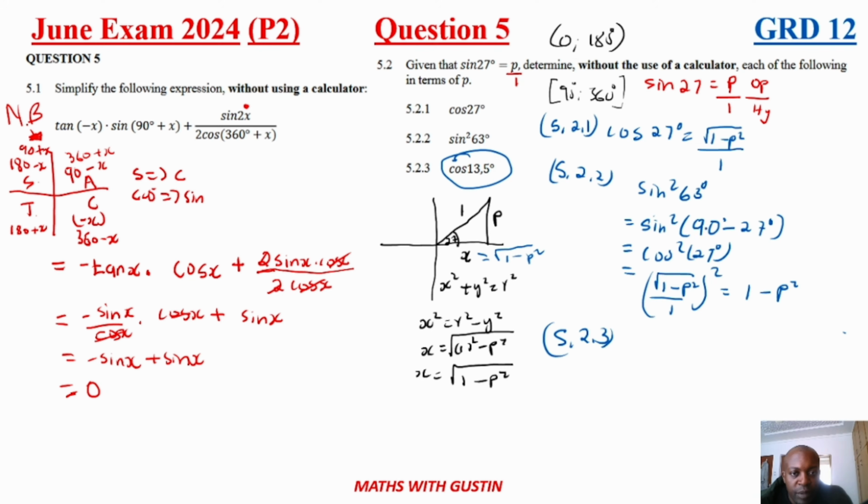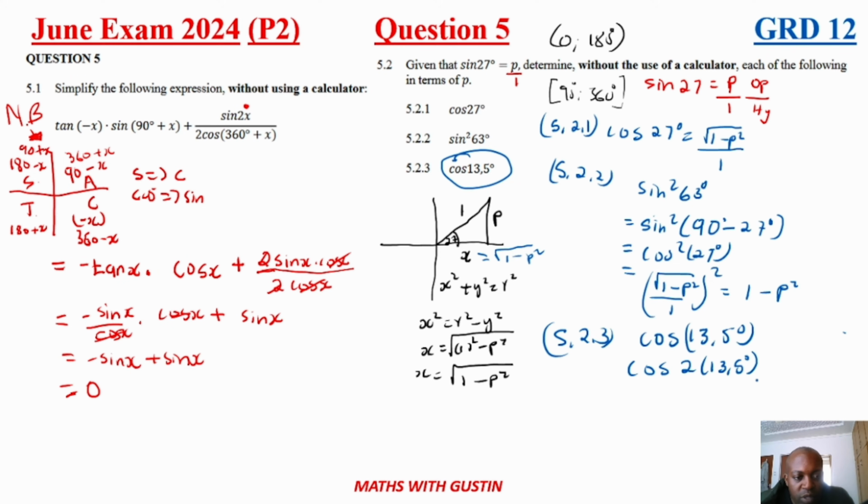5.2.3. What are they looking for? They are looking for cos 13.5. So cos 13.5, we can rewrite it, because now we don't have 13.5 here. I'm sorry, I said 3.5 there. We don't have 13.5. So what we can do in this case is write it as cos 2 times 13.5.